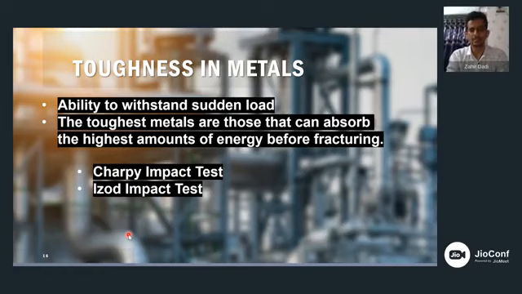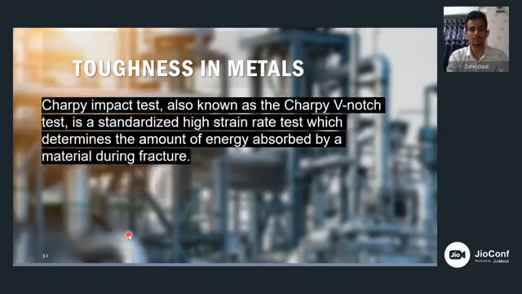If a material absorbs energy when we apply load, then the toughness of that material is very good. Let's see how toughness can be derived using a toughness machine. We are going to see a video showing the Charpy impact test.